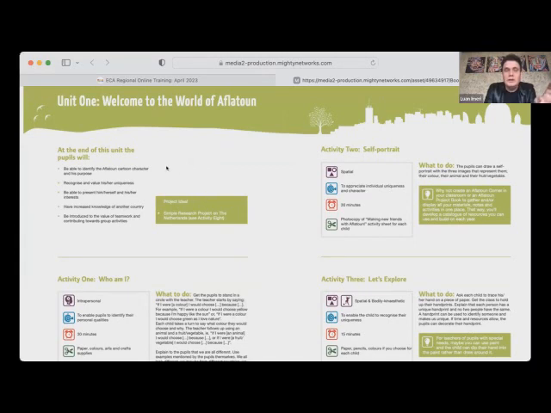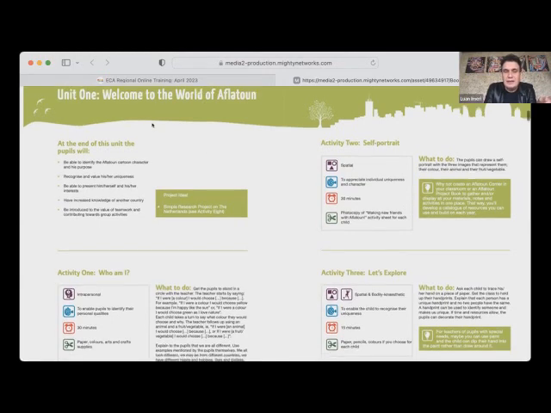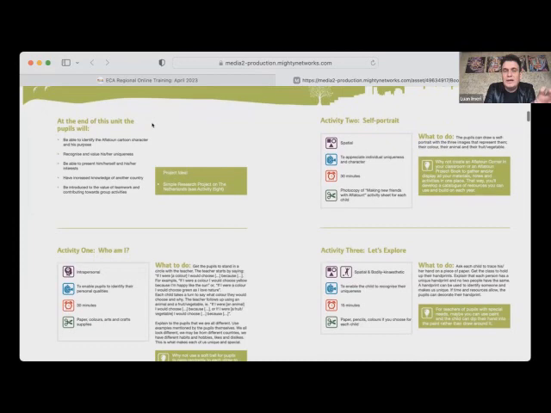In general, every Aflatun session has a plan, and you will have all the information needed prior. So, for example, what is the idea of this activity? What time do you need for this activity? How many materials will you need for this activity?